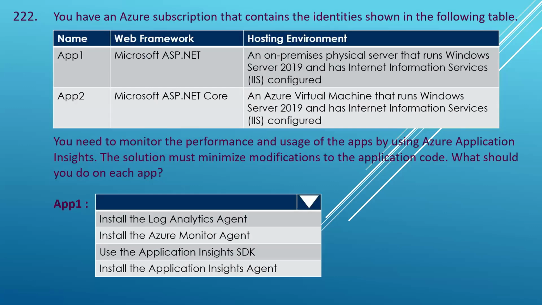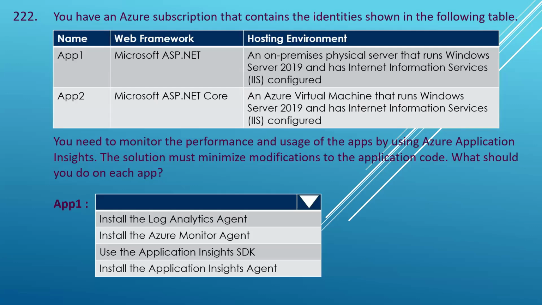Question number 222. You have an Azure subscription that contains the identities shown in the following table. You have two apps with the name of App 1 and App 2. App 1 is using the Microsoft ASP.NET Web Framework and App 2 is using the Microsoft ASP.NET Core Framework.